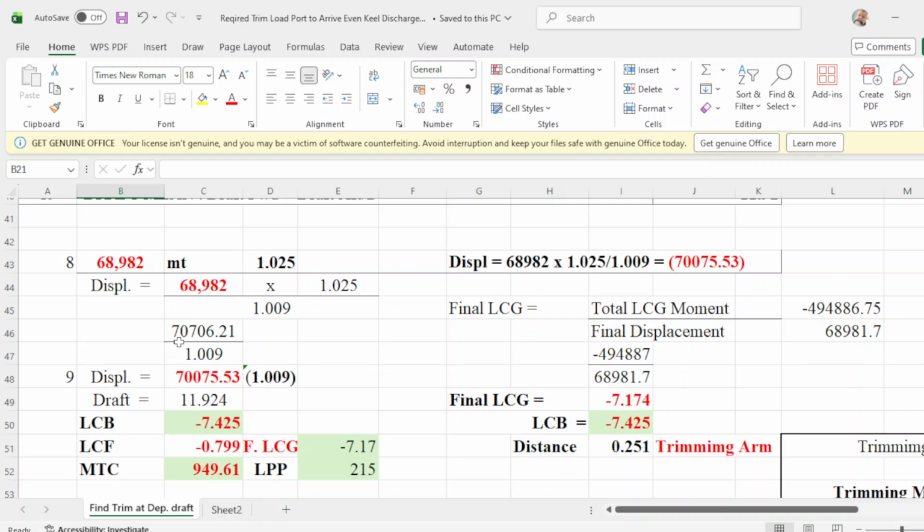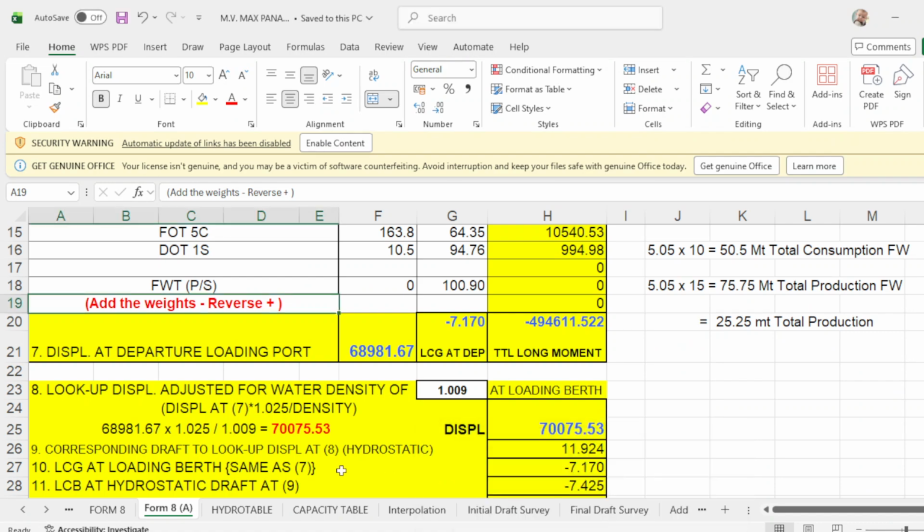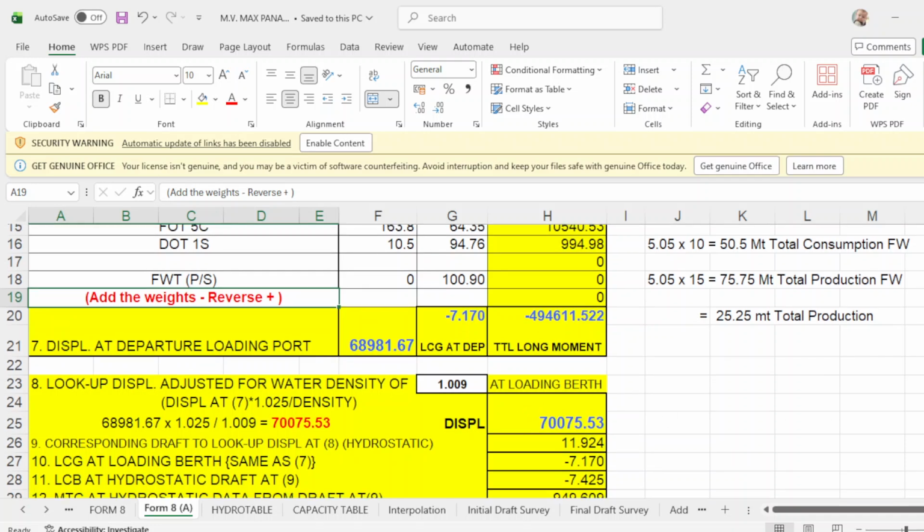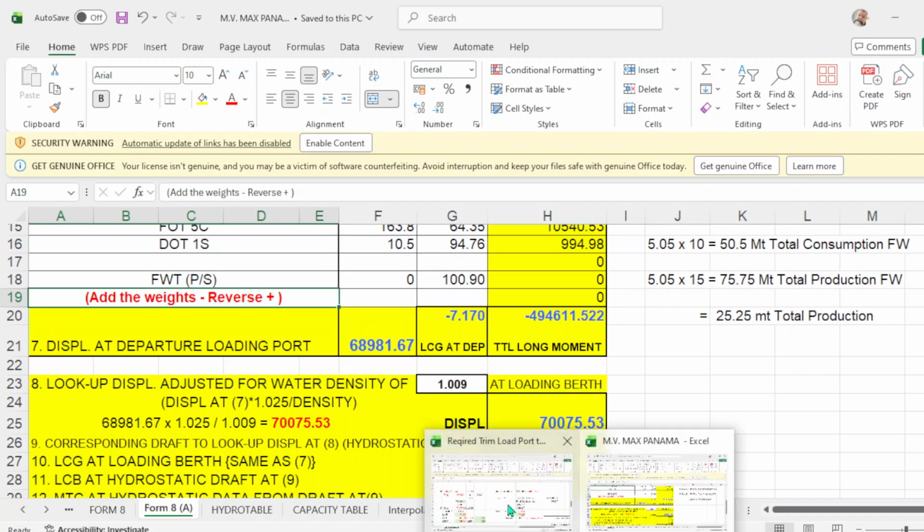Multiply this one, this will be 70706.21 over local density 1.09, and the displacement is 00775.53 in the density 1.019. So that is number 9, this one, density.